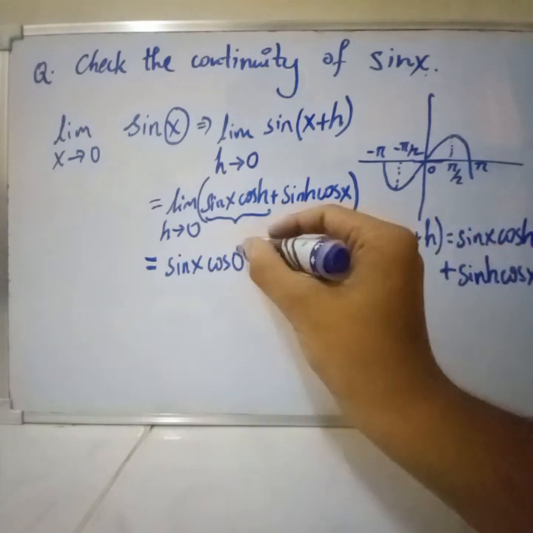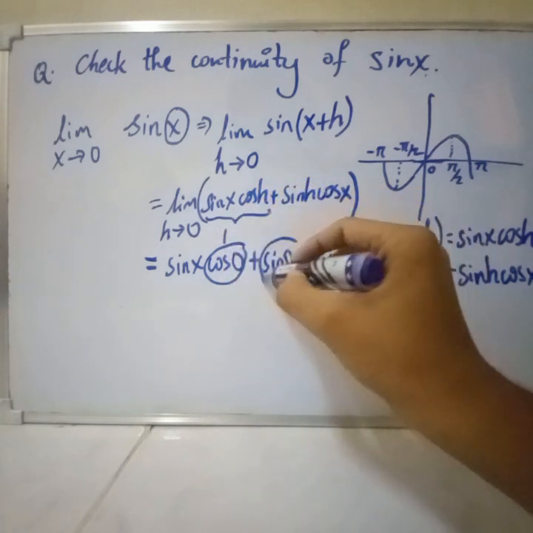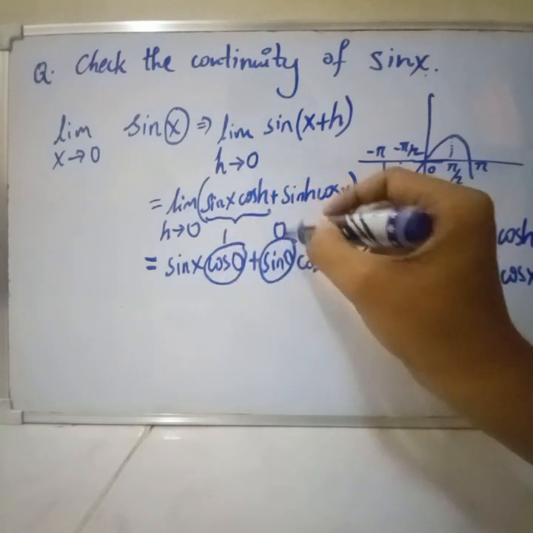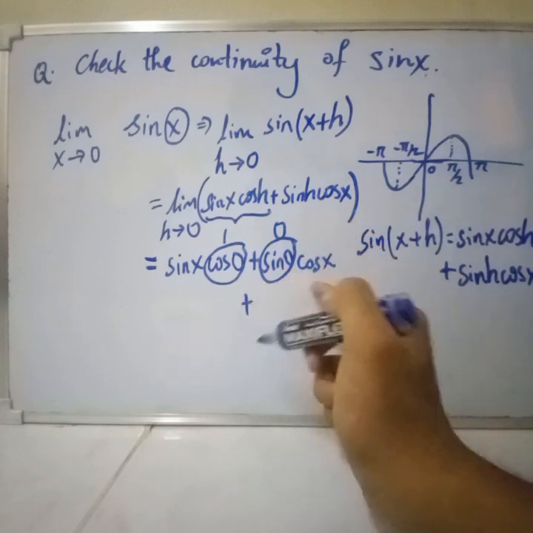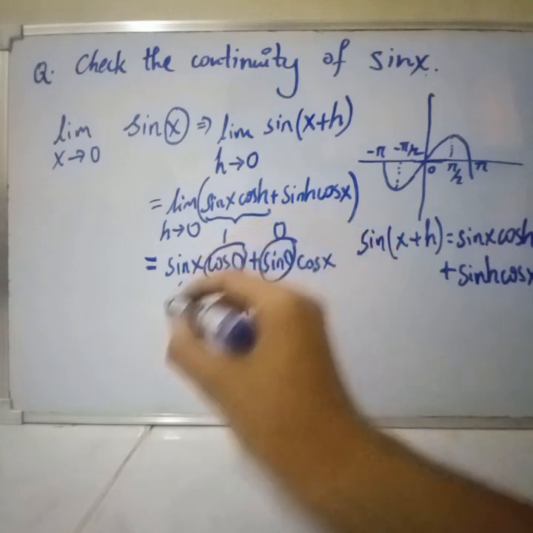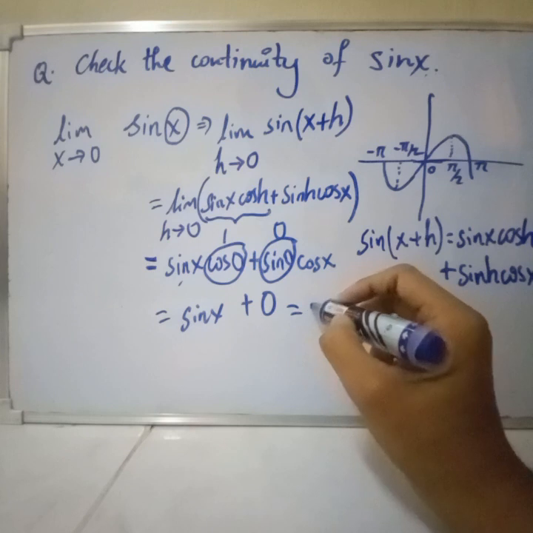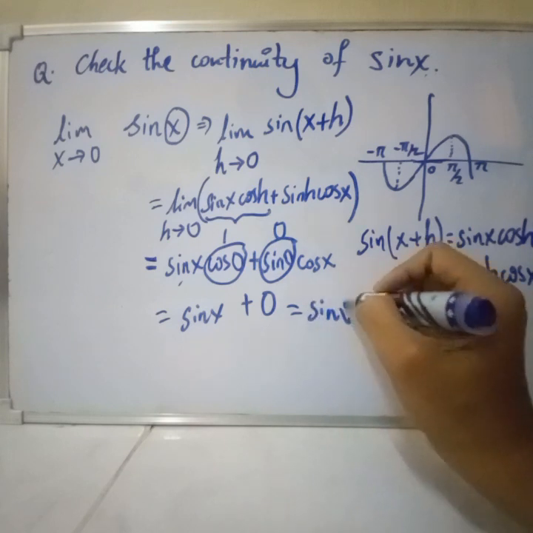So when we do this, cos of 0 is 1, whereas sine of 0 is 0. So this whole part will be equal to 0 itself, whereas this part will be sine x into 1, so it will be sine x. So finally we arrive at sine x as the answer.